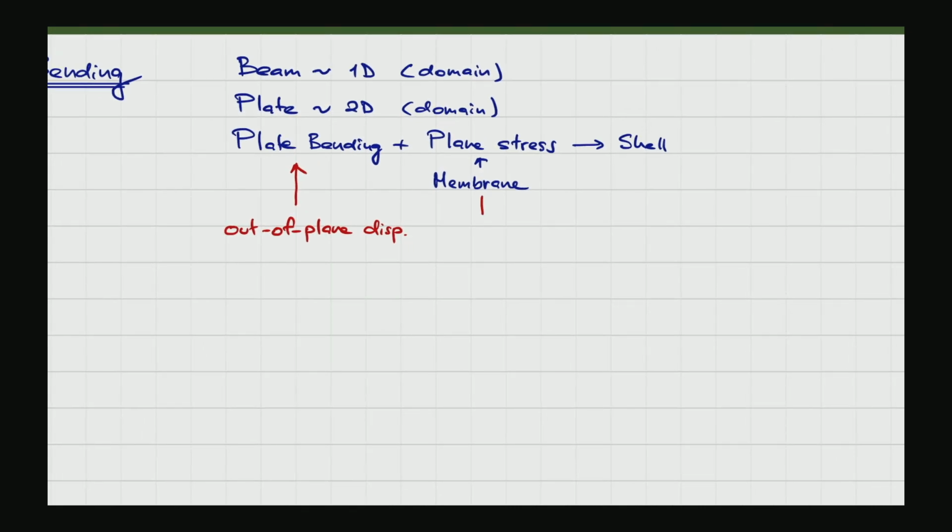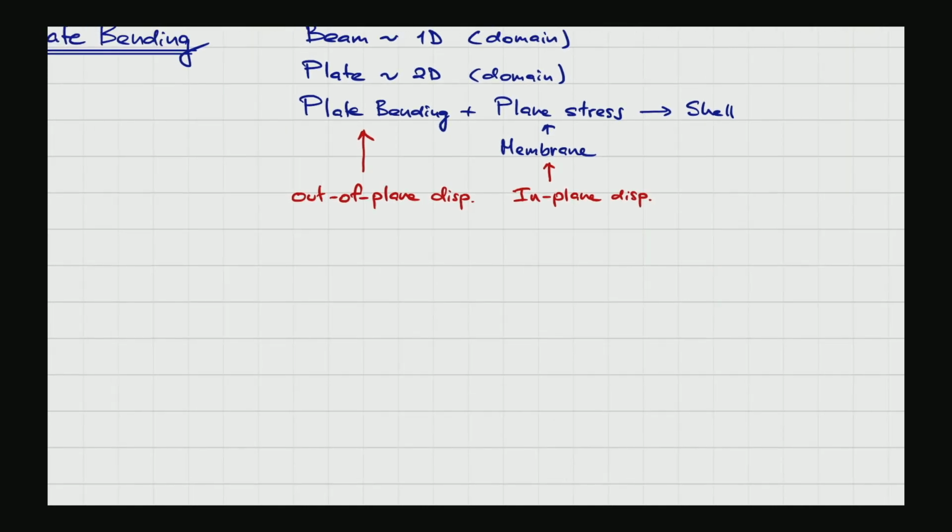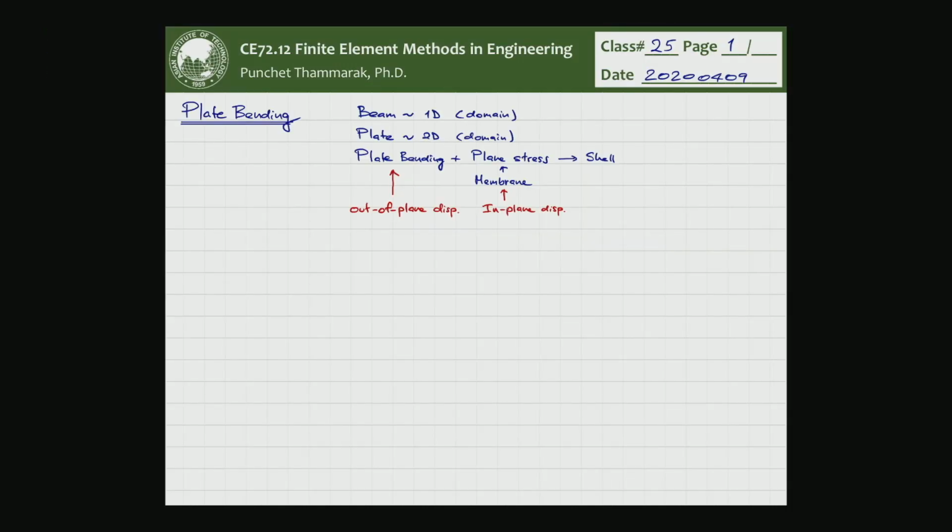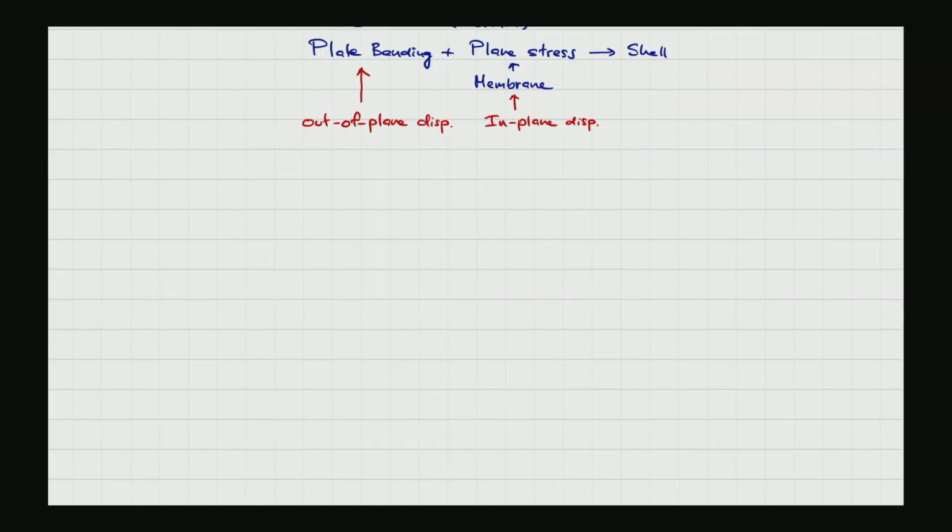This is in-plane displacement. So when you integrate these things, then you have 3 displacement degrees of freedom, and then we will come across the rotational degree of freedom as well. So now I will show you how we formulate the plate bending problem.